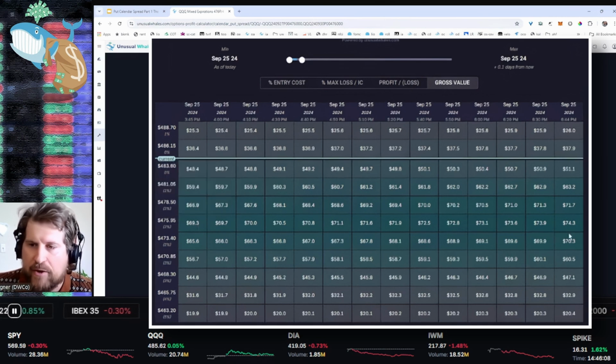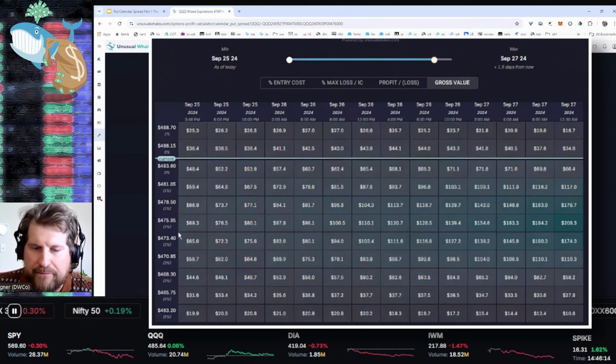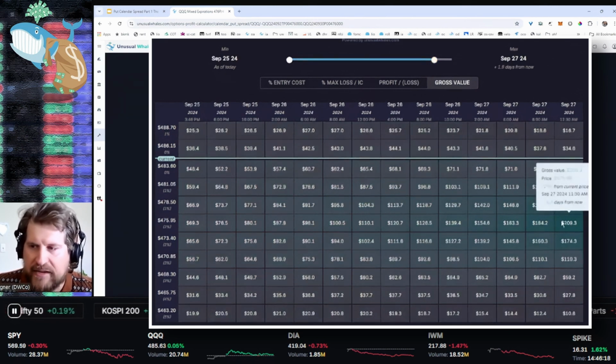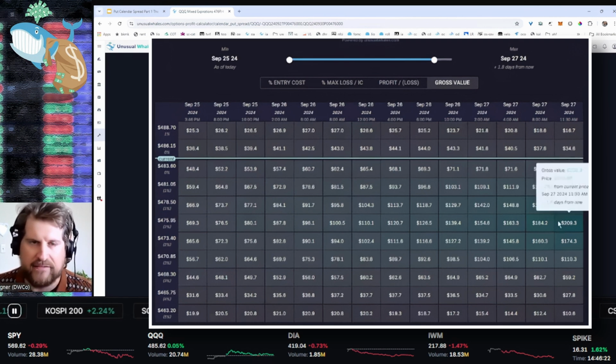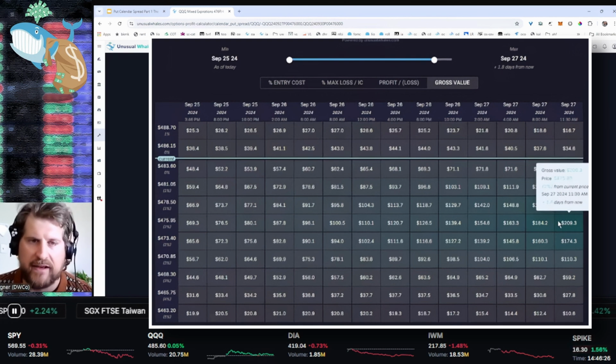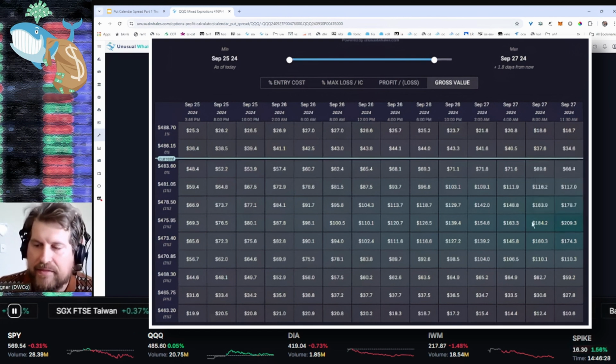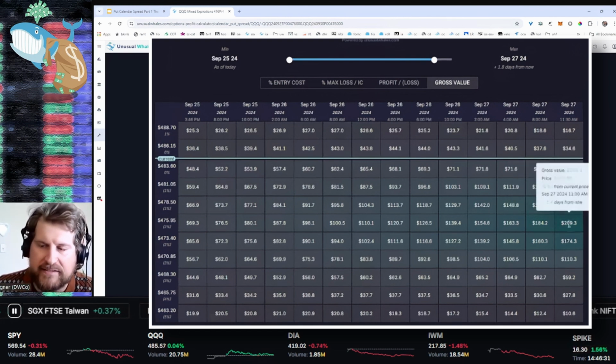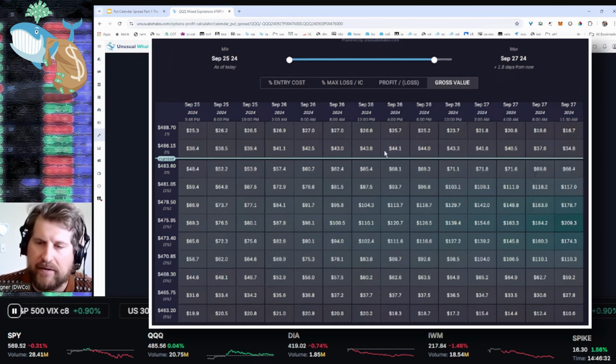But you can see over time, as this is evolving, if price starts to hover and hang around here at your short and long strike, because you're selling the one and buying the other, the value on this keeps getting greater and greater.